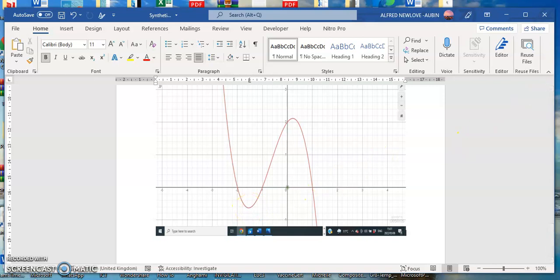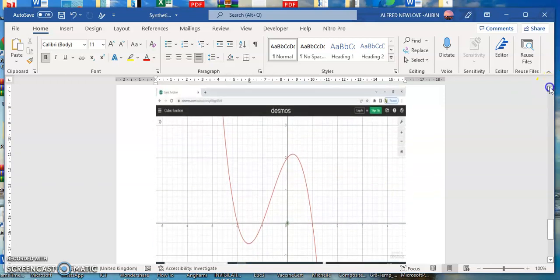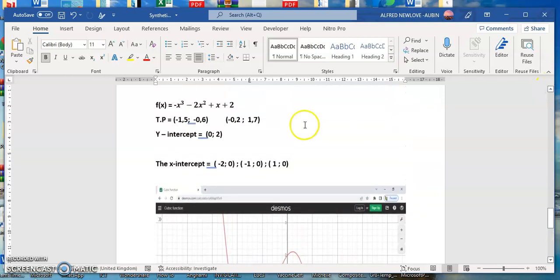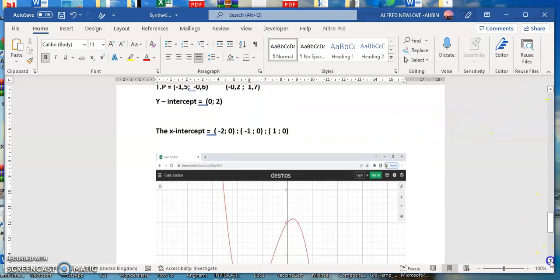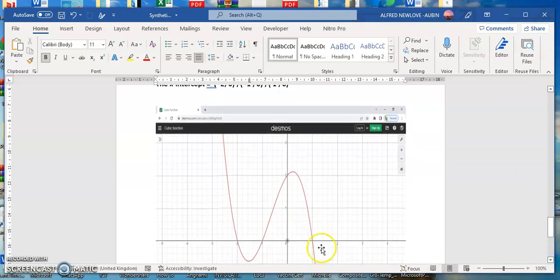Then we are going to have the other turning point, which is negative 0,2 and 1,7. So negative 0,2 is somewhere here. This is 2, 4, 6, 8, 10, so 0,2 will be here.